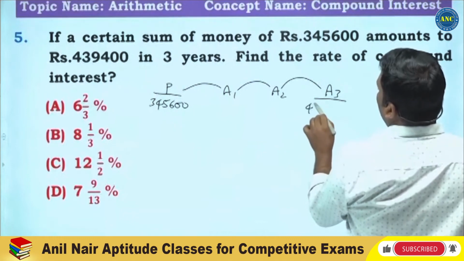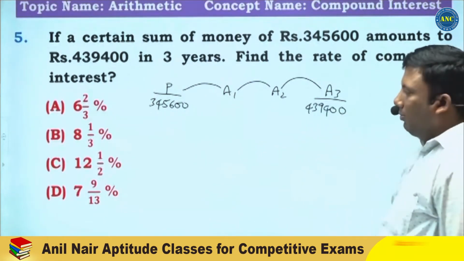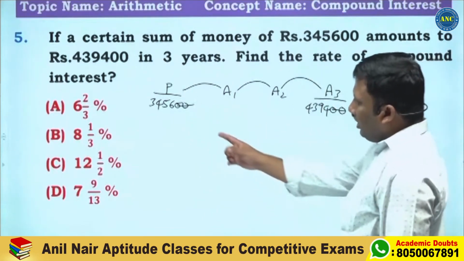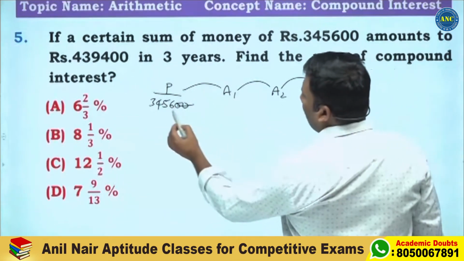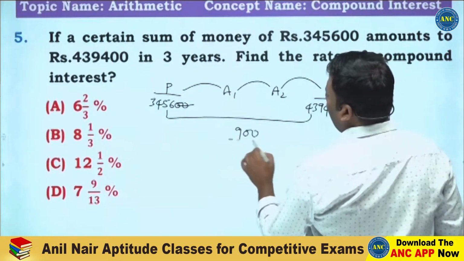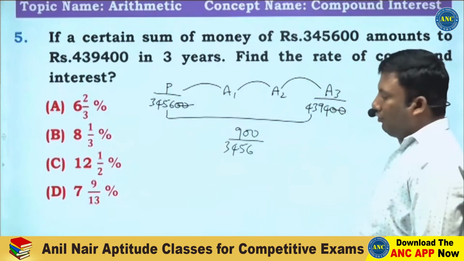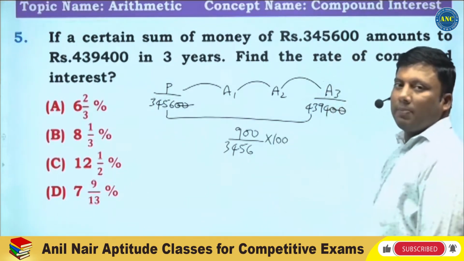It is 439,400. Two zeros, if I remove them, it is 3456 and 4394. Approximately, it is a difference of 900 divided by 3456, into 100 percentage.